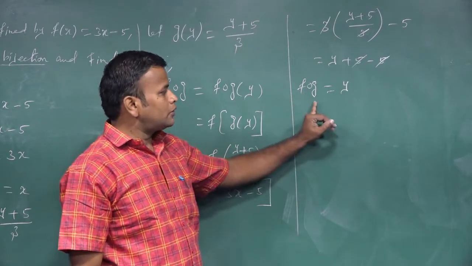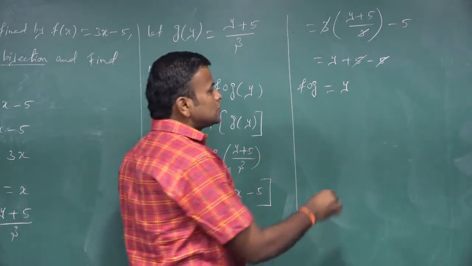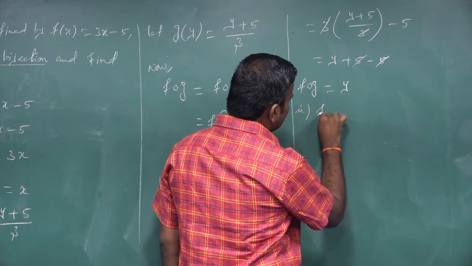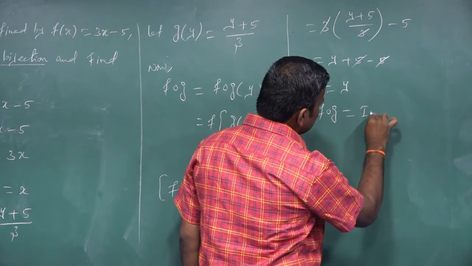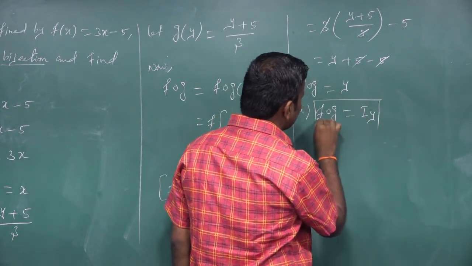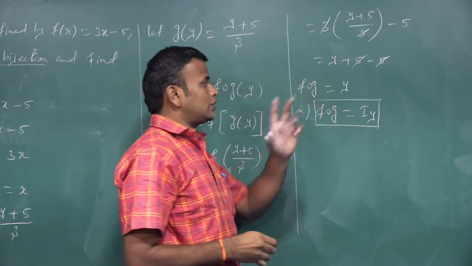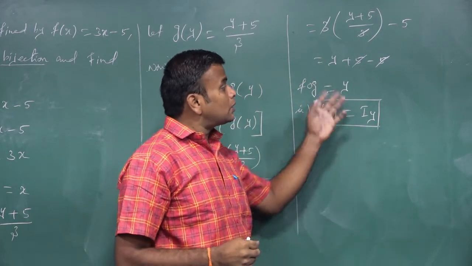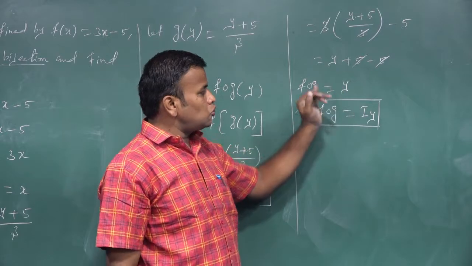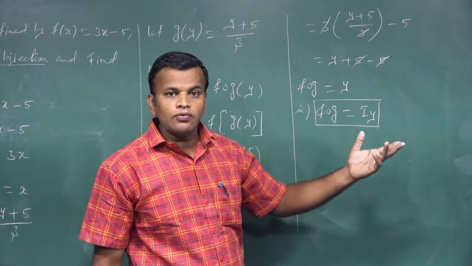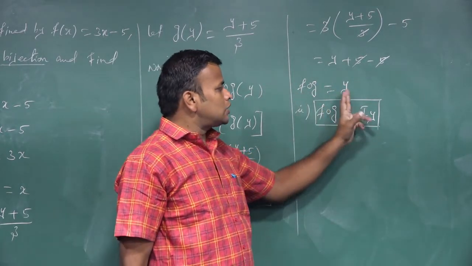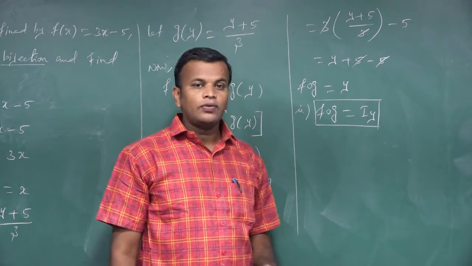So f dot g is equal to I_y. That is the identity function. Because if instead of y we got 2y or 3y, we couldn't say it is the identity function. But we get exactly the variable y, so we say it is the identity function.